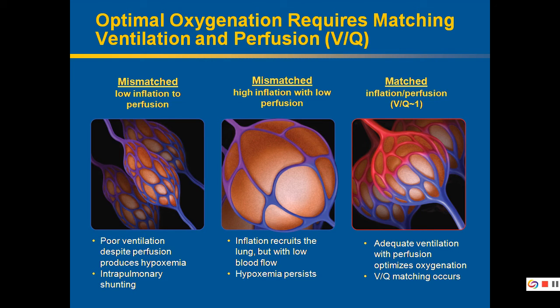So this is what we call intraparenchymal shunting. Sometimes you'll hear doctors talk about intraparenchymal shunting. This is just like a right to left shunt in the heart, right?